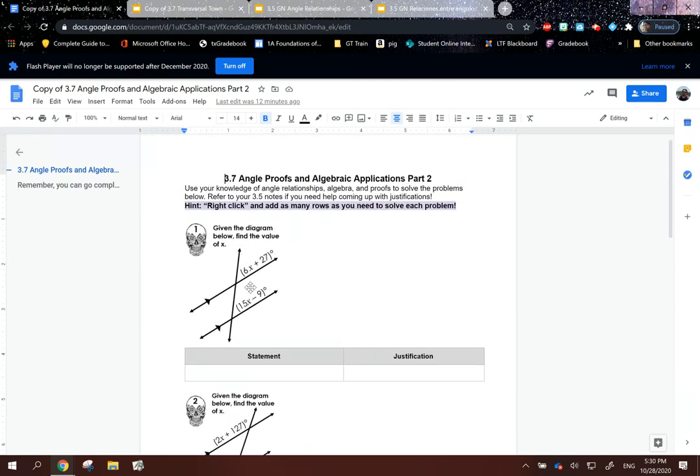So you have your equation, you're going to set it up either being equal to each other if they are congruent, or adding up to 180 if they are supplementary. And you will need your 3.5 notes and your 3.4 notes to help you with the angle relationships as well as with the justifications for your proofs.